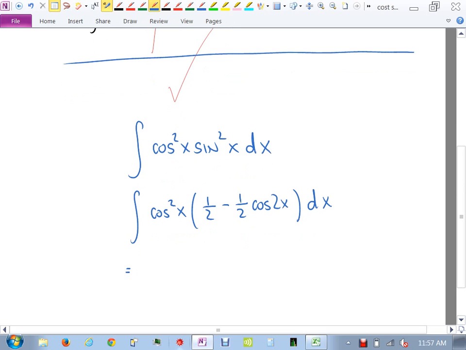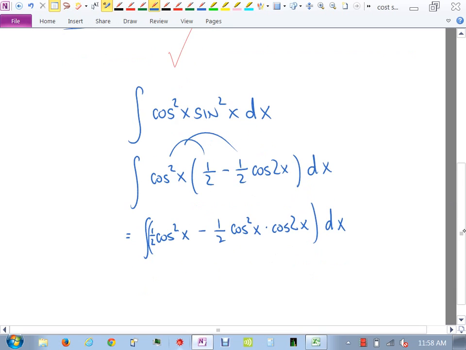Fine. Equals, I'll distribute my cosine squared through. Cosine squared x times 1/2 minus 1/2 cosine squared x, then what? Cosine 2x. And here's what's wrong with this. Do you see that the first one there, the cosine squared x, and cosine 2x, have different arguments inside the trig function?